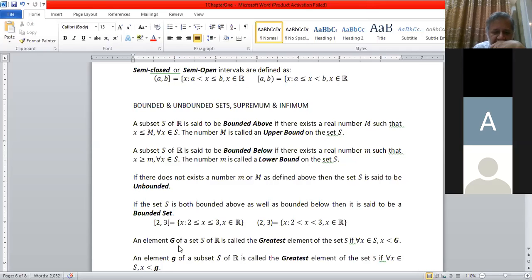Here we note that we can define the greatest element of the set if every element of the set is less than that. Rather, it should not be strictly less than that, less than or equal to.